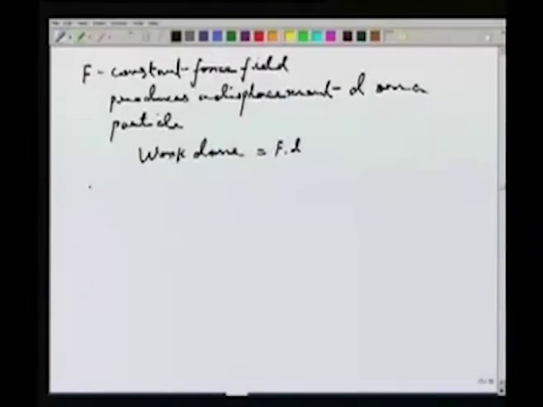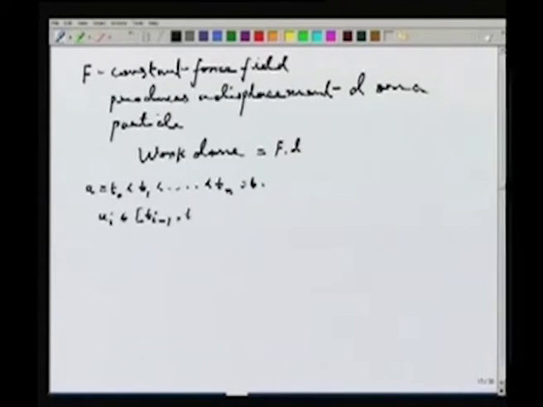For that, first I need an analog of the Riemann sums, which we have done in the one variable case. In this case, the situation is as follows. I take a partition of the parameter space [a, b] by t0, t1 to tn, let us say. Let us take some sample points ui in the interval [ti minus 1, ti]. And I look at the sample values, that is f of C(ui), where f is a given force field.